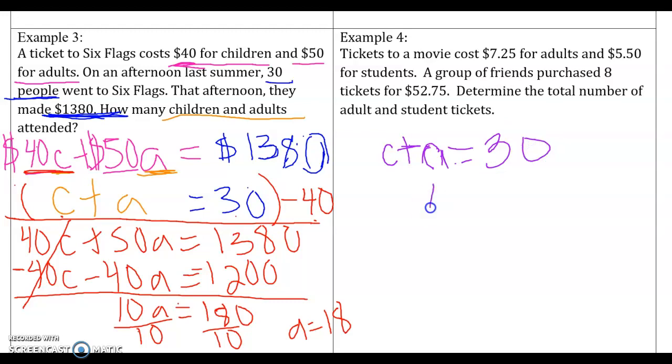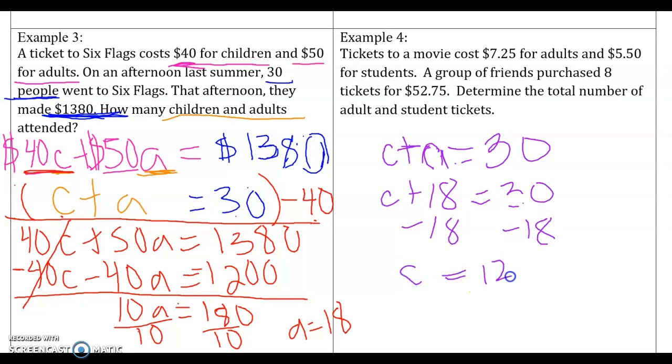And I already know A is 18. So some number plus 18 is going to give me 30. So if I subtract 18 from both sides, C is 12. Okay, so I have 18 adults and 12 children who attended Six Flags.